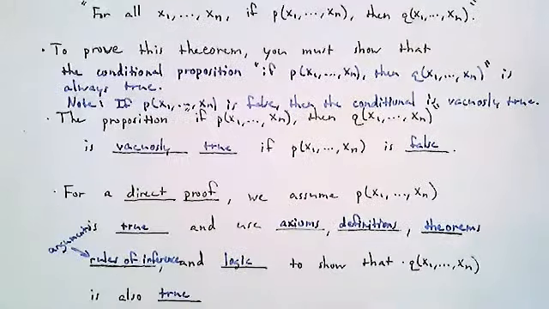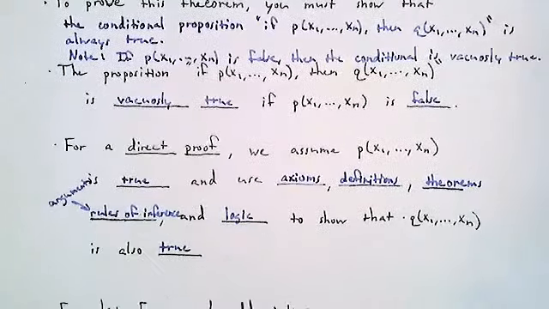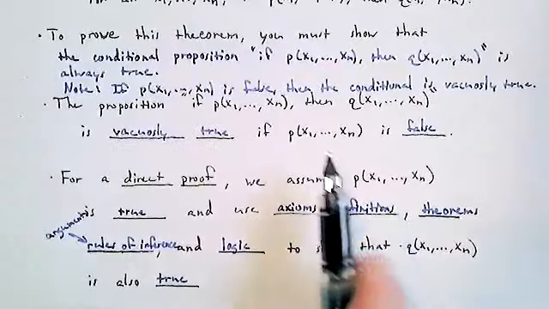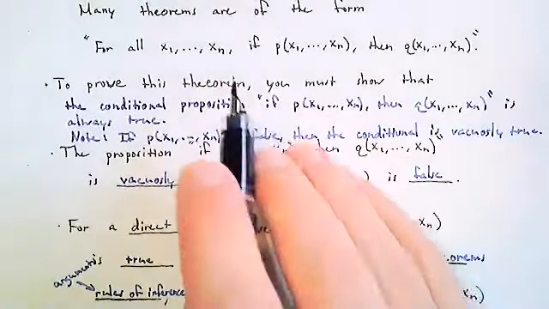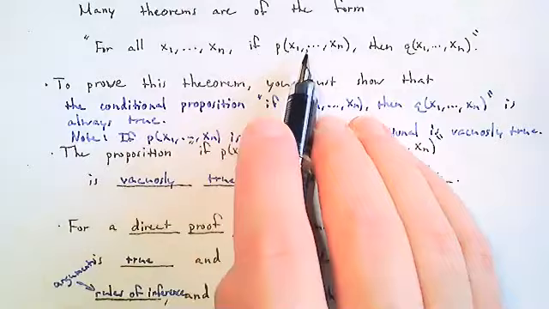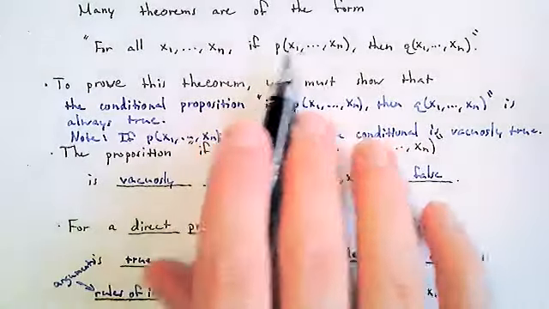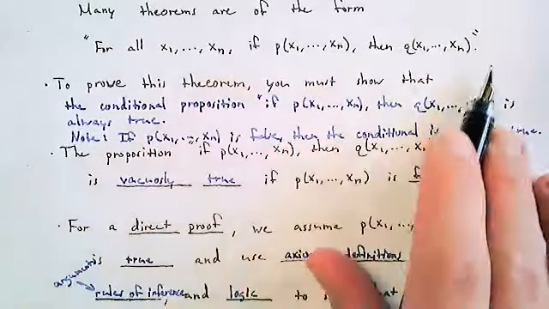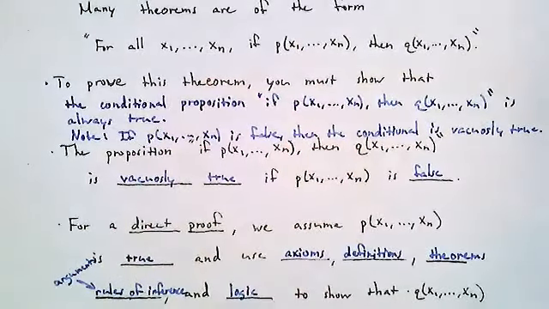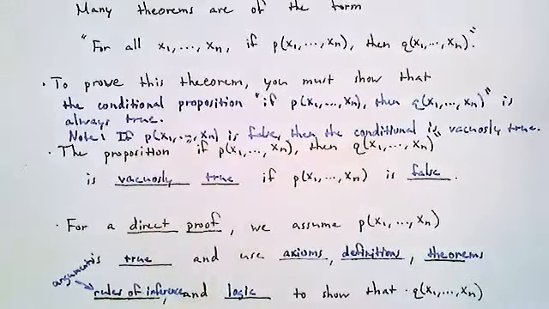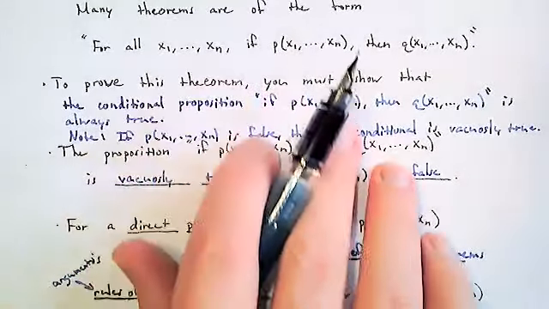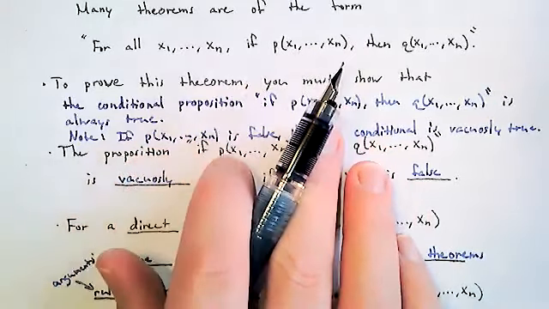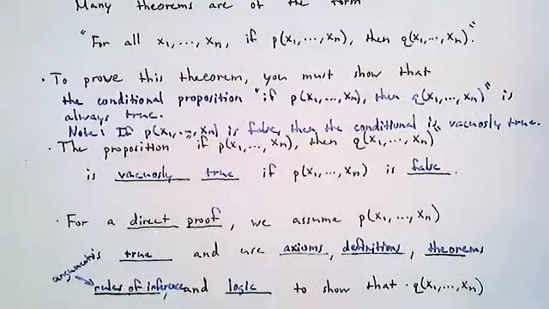For a direct proof, you would only have to consider the case where the hypothesis is true, the if part is true, because if the if part is false, then the overall conditional statement is vacuously true. So in our direct proof for a conditional statement, we only had to assume that the hypothesis was true and then prove using logic and other axioms or definitions that the conclusion was true.